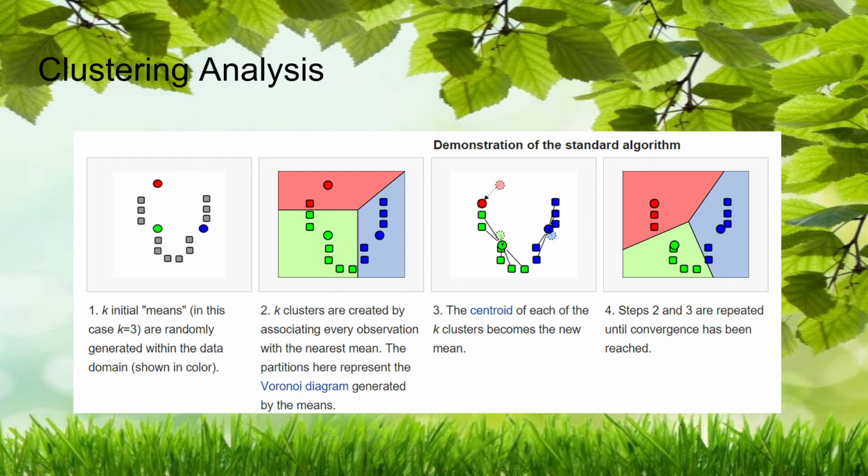The partition here represents the Voronoi diagram generated by the means. The third step: the centroid of each of the k clusters becomes the new mean. And the last step is to repeat steps 2 and 3 until we get our output.